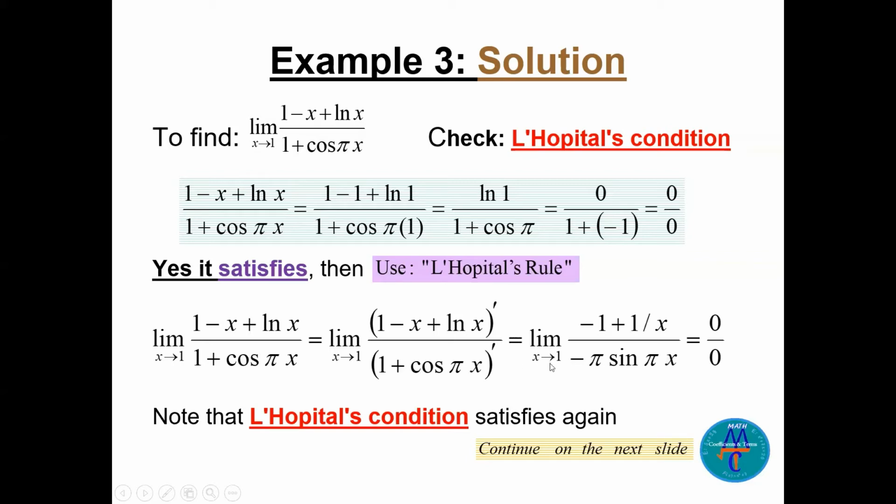Let's replace x by 1 here. Minus 1 plus 1 is 0, and minus pi sine of pi is also 0. So 0 over 0 again, L'Hopital's condition is satisfied again, so we can use it again and again.